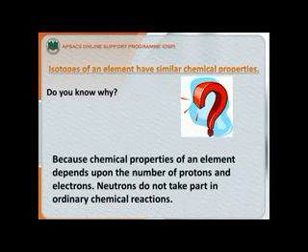Dear students, isotopes of an element have similar chemical properties. Do you know why we are saying that the isotopes of an element have similar chemical properties?